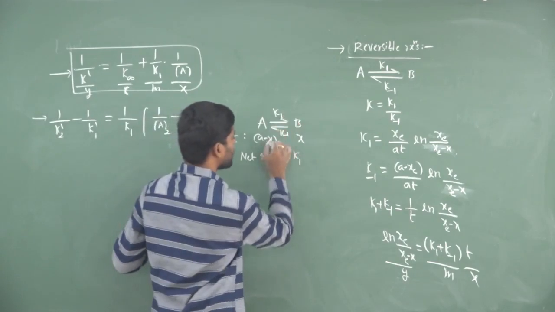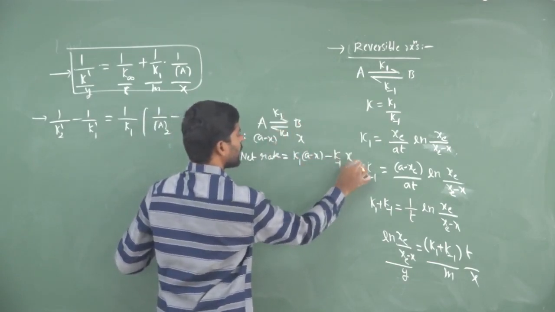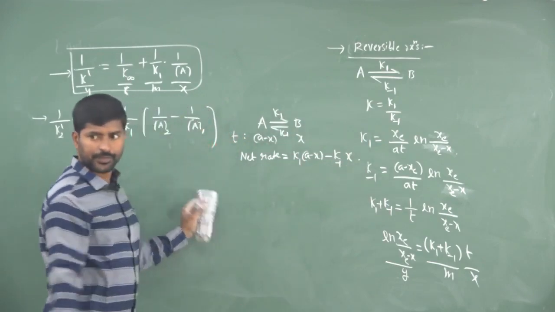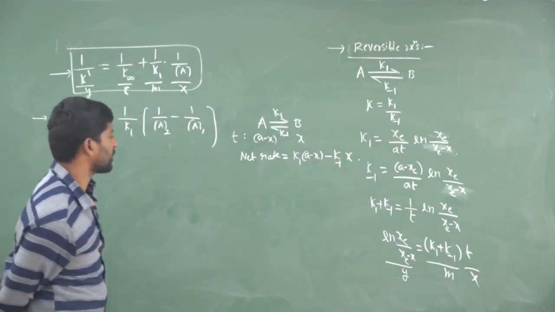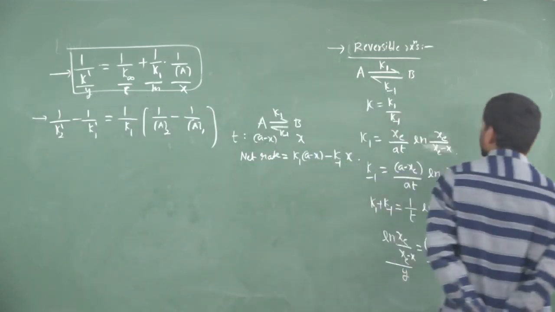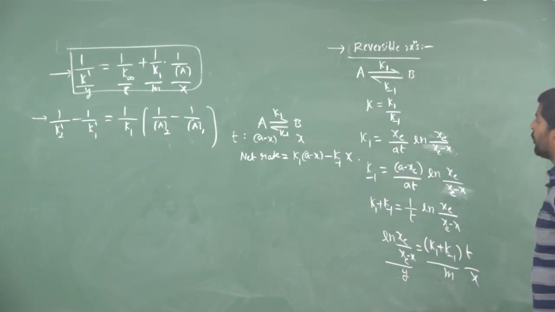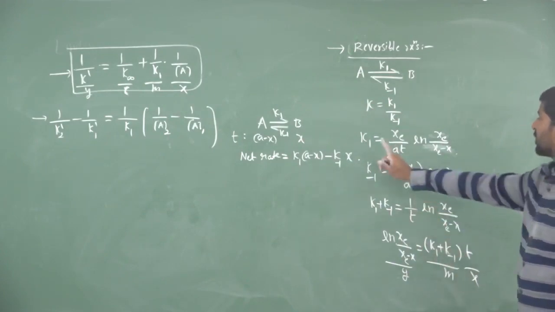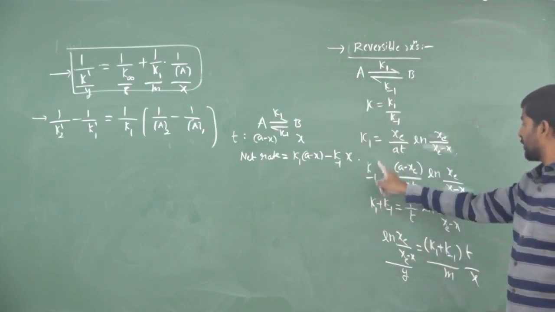Rate of forward reaction, that is K1 into A minus X, rate of backward reaction K minus 1 into X. Forward reaction rate minus backward reaction rate, K1 into A minus X minus K minus 1 into X. These are some equations you have to remember based on reversible or opposing reactions. This is the expression for forward rate constant, backward rate constant, and if you add these two, you will get like this.